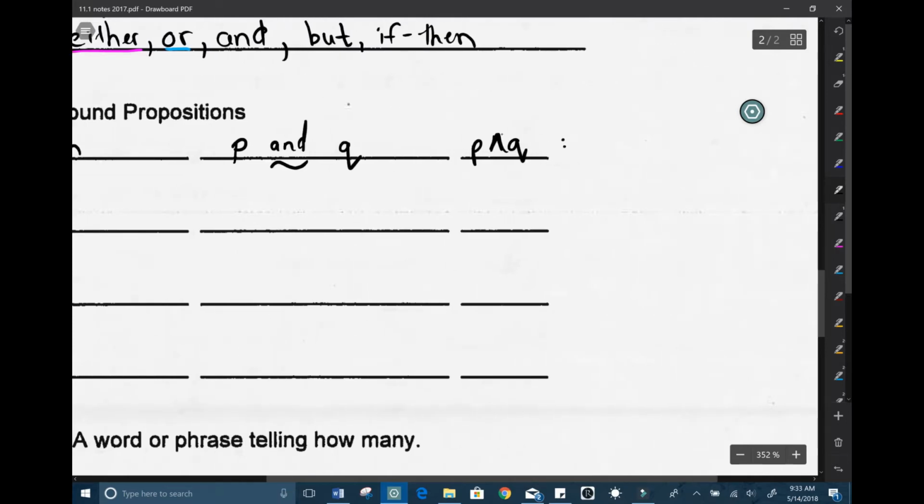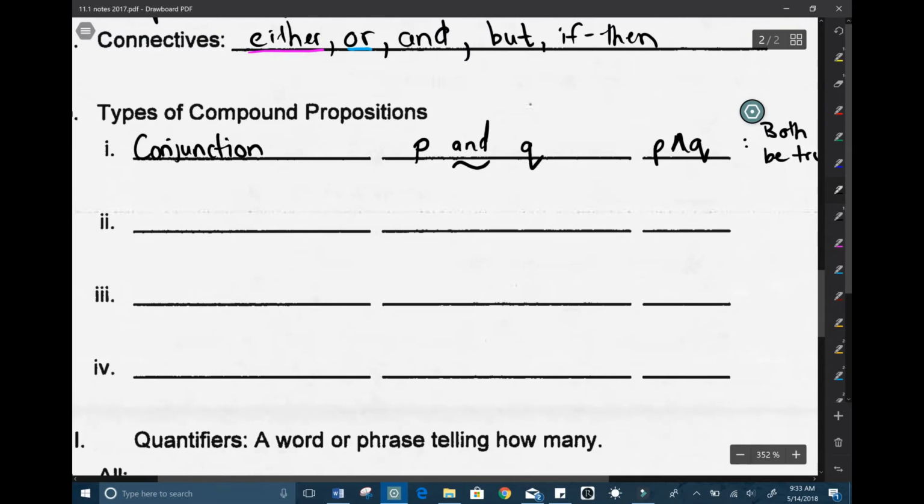Now for conjunctions of and, both statements must be true. So both P and Q must be true. That rhymes. And what P and Q are, those are different propositions. So P is a proposition, and Q is just another proposition. And we'll see that in a little bit, okay?